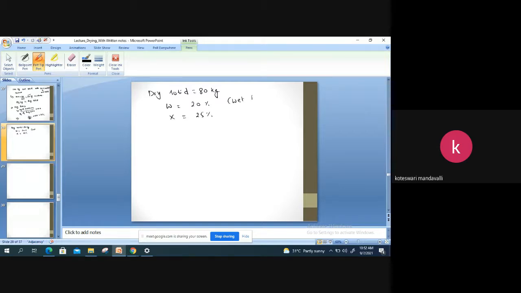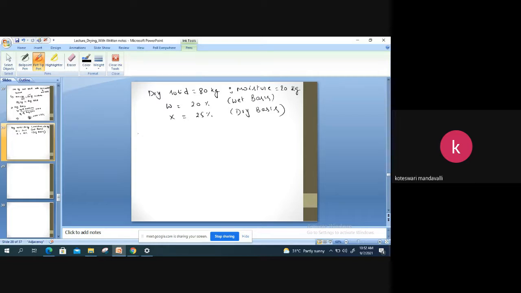So you have dry solid as 80 kgs, the moisture content is 20 kgs, and expressed as wet basis it is 20% and dry basis 25%. This is the overall information you have.